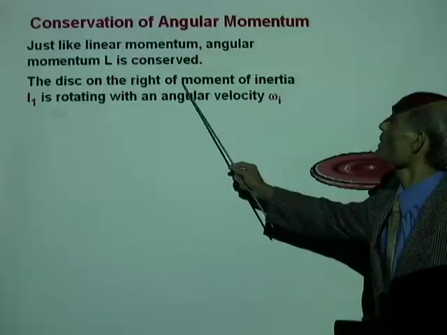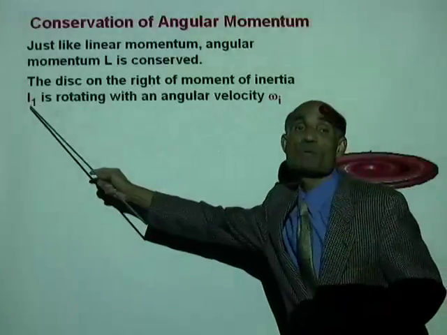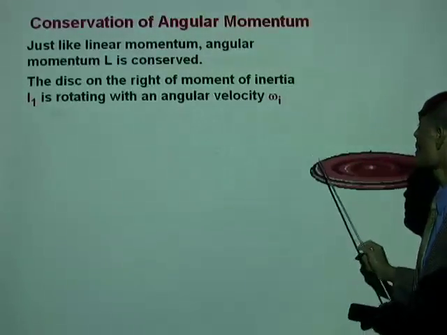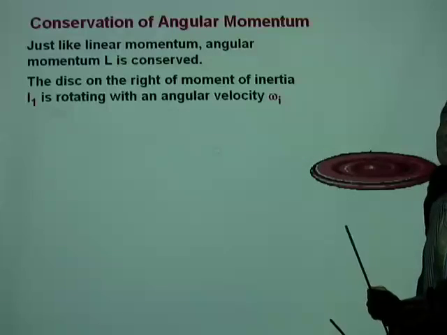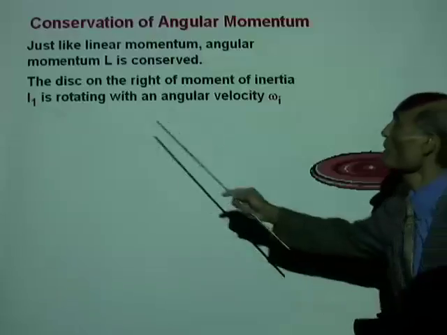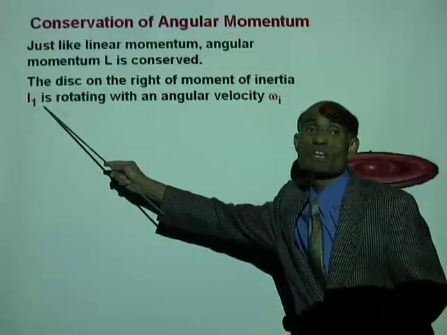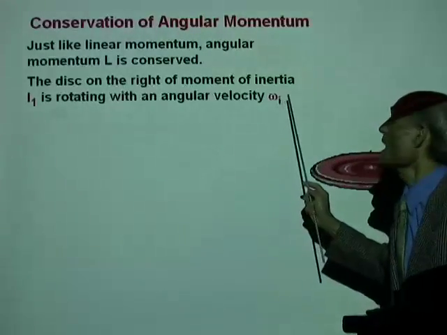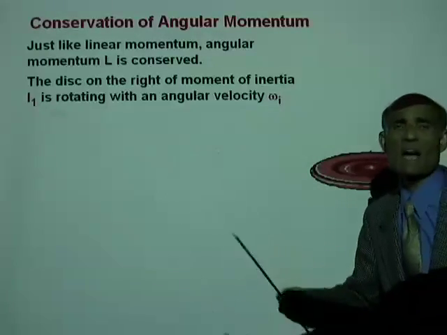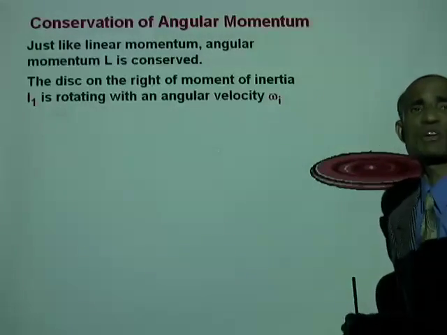The disk on the right has a moment of inertia I1 and it is rotating with an angular velocity omega I, or omega 1. So its moment of inertia is I1 and its angular velocity is omega I, the initial angular velocity.